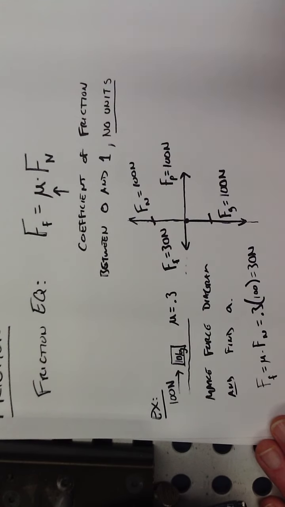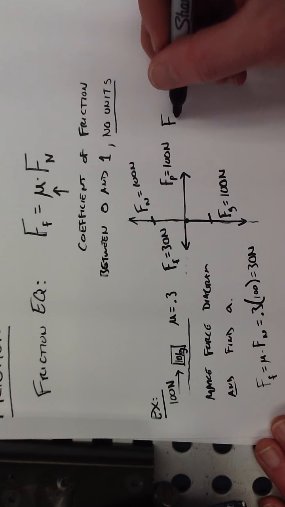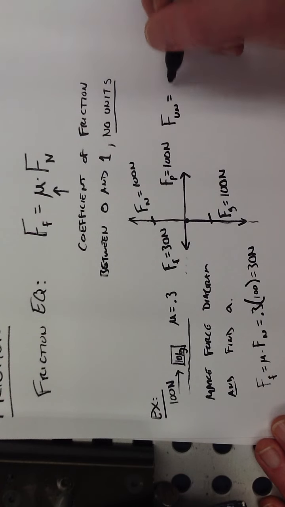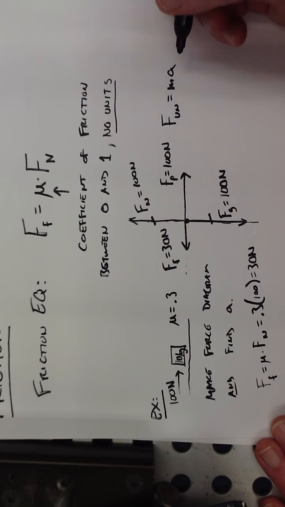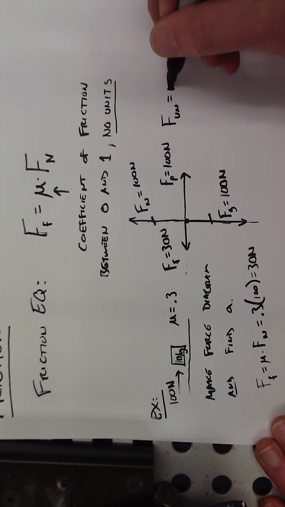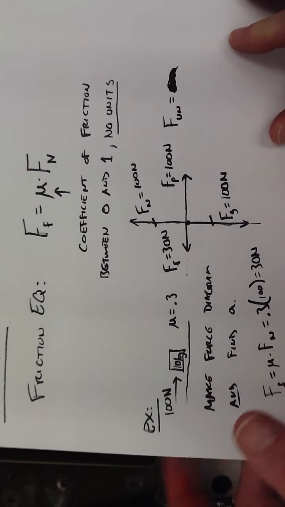Right? And now we can find the acceleration, because I know that that unbalanced force is equal to mass times acceleration. So the unbalanced force, actually I think I want to write it like, try to be consistent with the way I've written it in other solution videos for you.